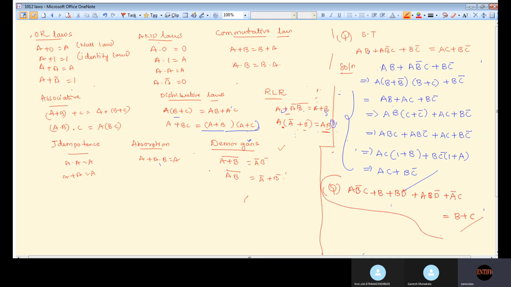This one you solve. Take LHS and prove whether it is equal to B plus C or not. Here we are taking one extra term, C plus C bar. Okay, C plus C bar is equal to 1.